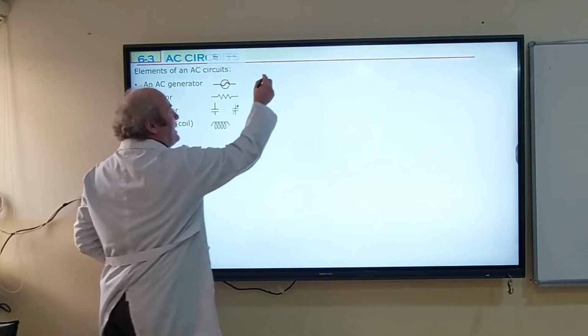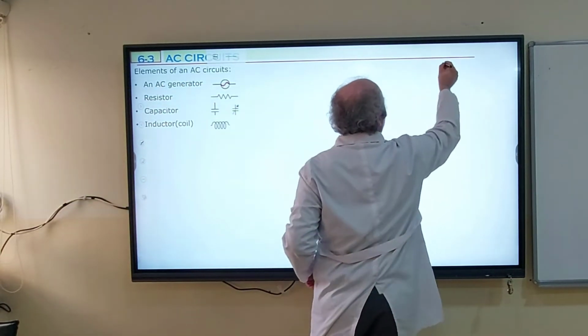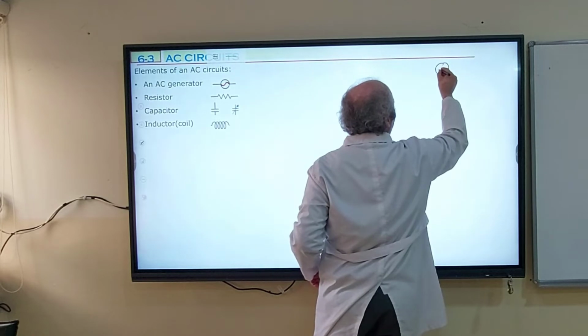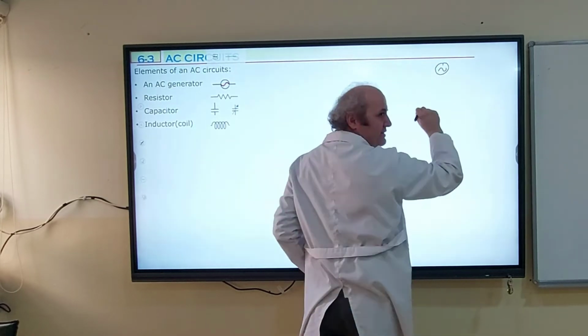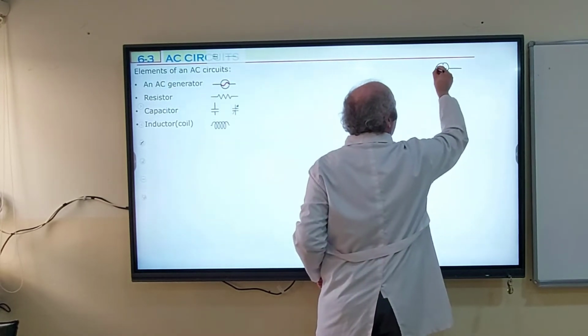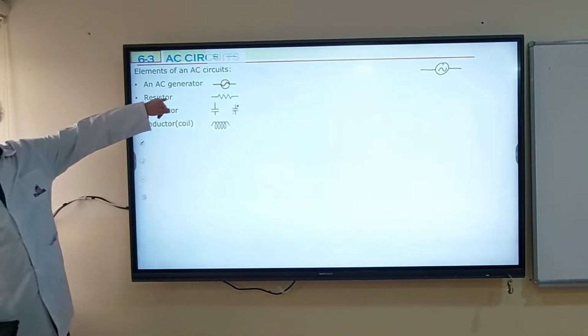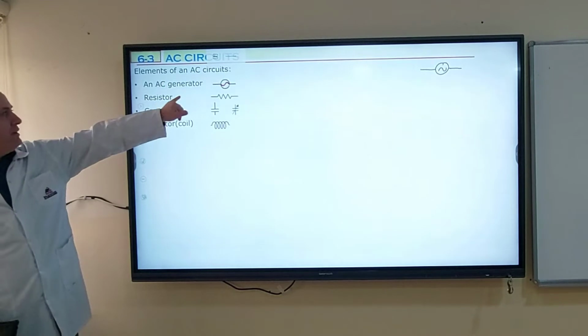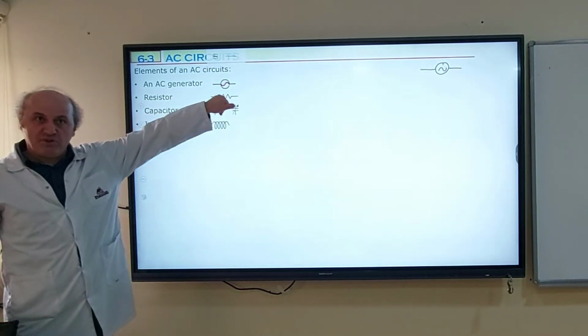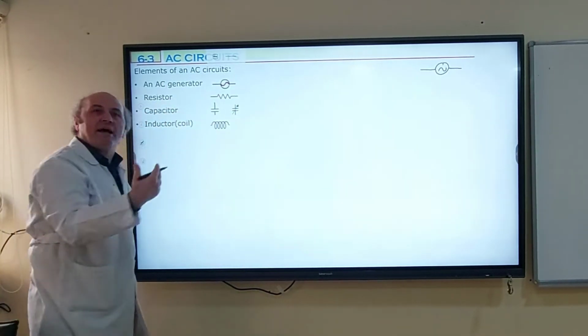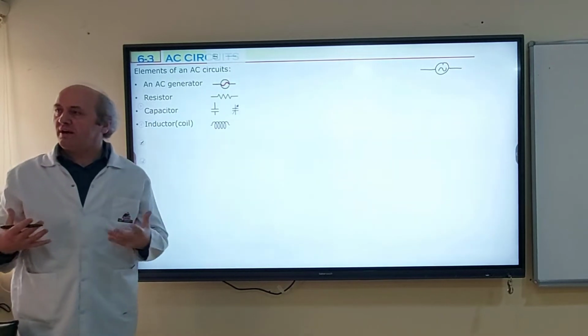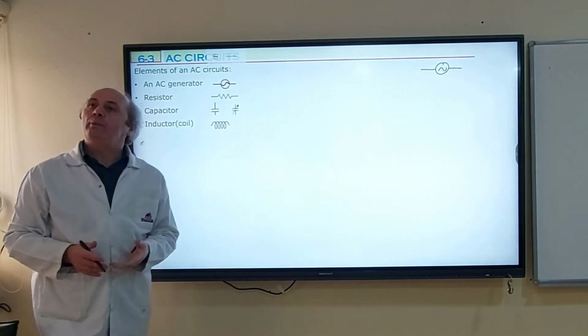So you are going to draw a circle and write an alternating current sign inside. This is the symbol of an AC generator. And resistor, you know the resistor symbol. These zigzags are representing the opposition of a conductor to electric current.